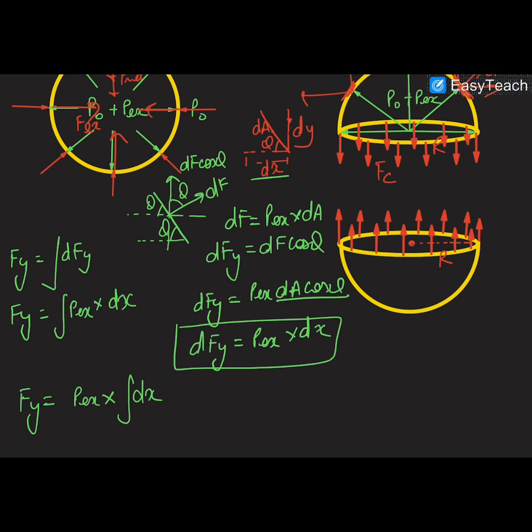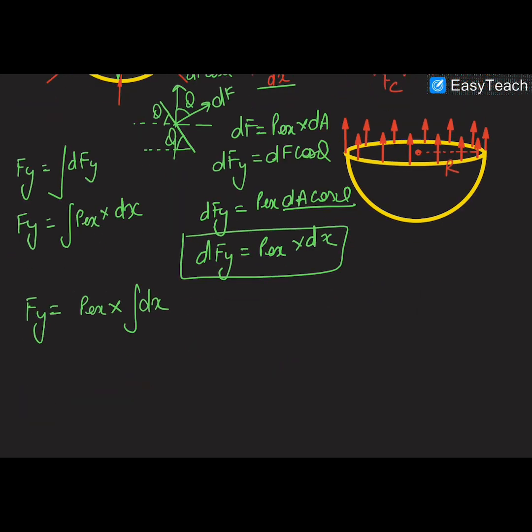The projection area of this hemisphere along the base will be the area of the disk, which is pi r square. So Fy will be equal to P excess into pi r square.